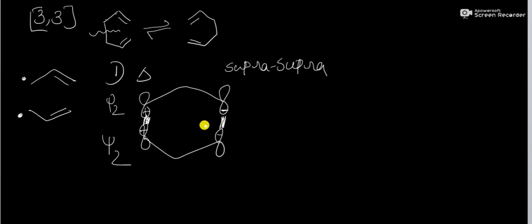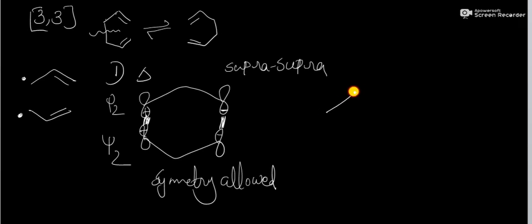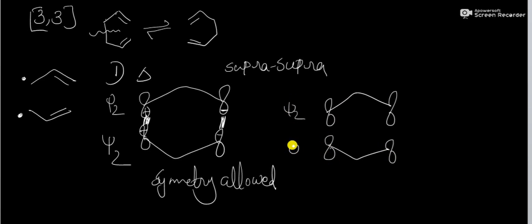So both the sigma bonds are bonding interactions. So here it is symmetry allowed. Then what is the case of supra-antarafacial addition? Same system, psi 2 is the HOMO. Here also psi 2 is the HOMO. Plus minus.